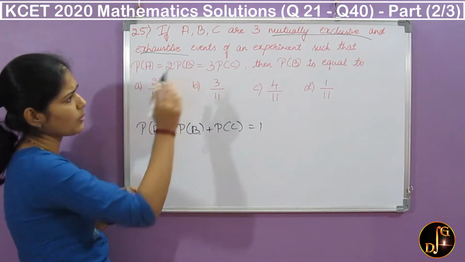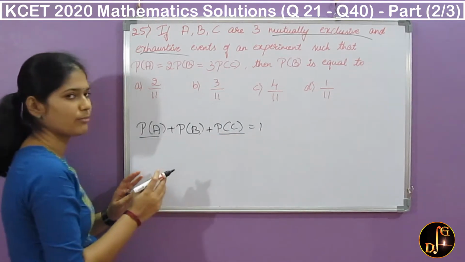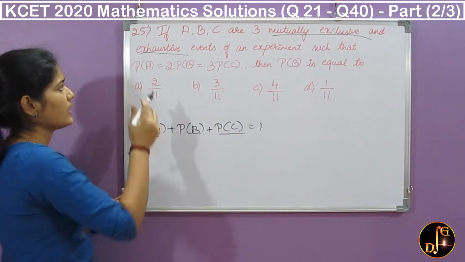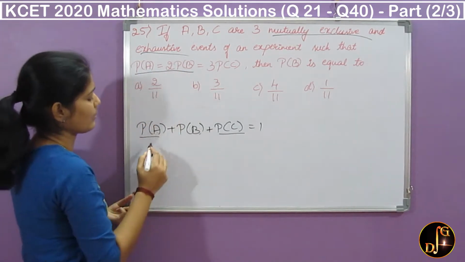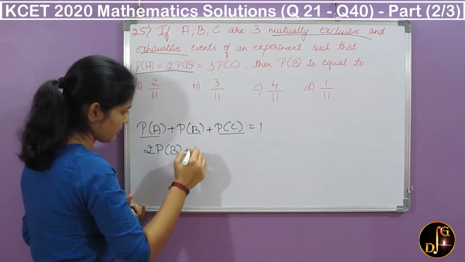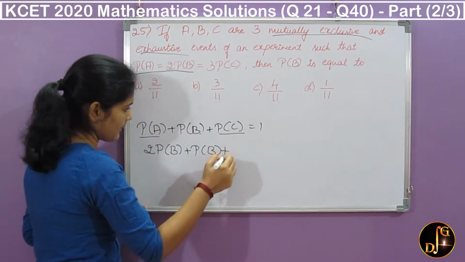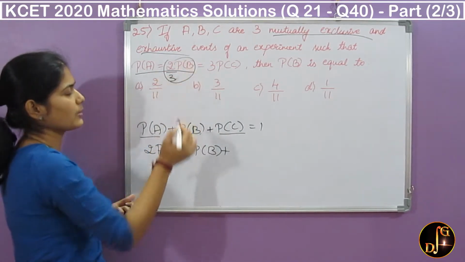Now we want probability of B. So let's convert probability of A and probability of C in terms of B. That means probability of A is equal to 2 into probability of B, right? So 2 into probability of B plus probability of B plus probability of C can be written as 2 by 3 into probability of B, right?